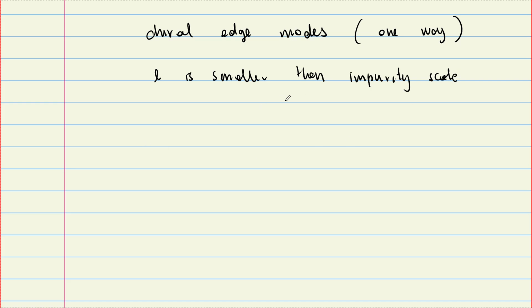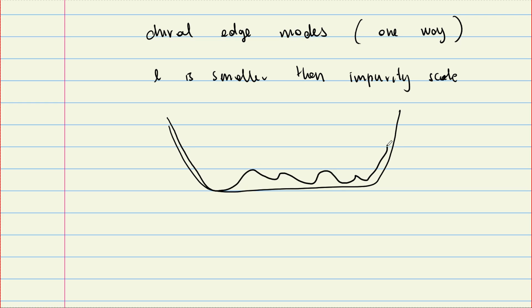Then we can consider slowly turning on impurities. Even if suppose we have not this, rather than that, suppose we have something like that, some jagged landscape.